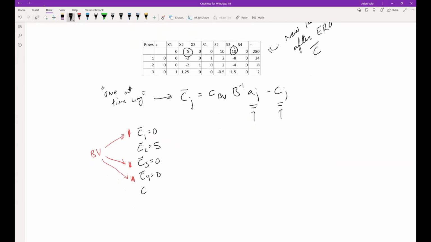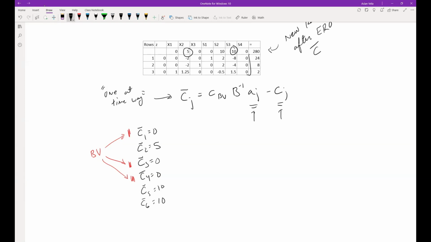Meanwhile, C2, C5, and C6 are equal to 5, 10, and 10 respectively. Okay. So the other question is, well, if we know our basic variables, we've almost solved everything.